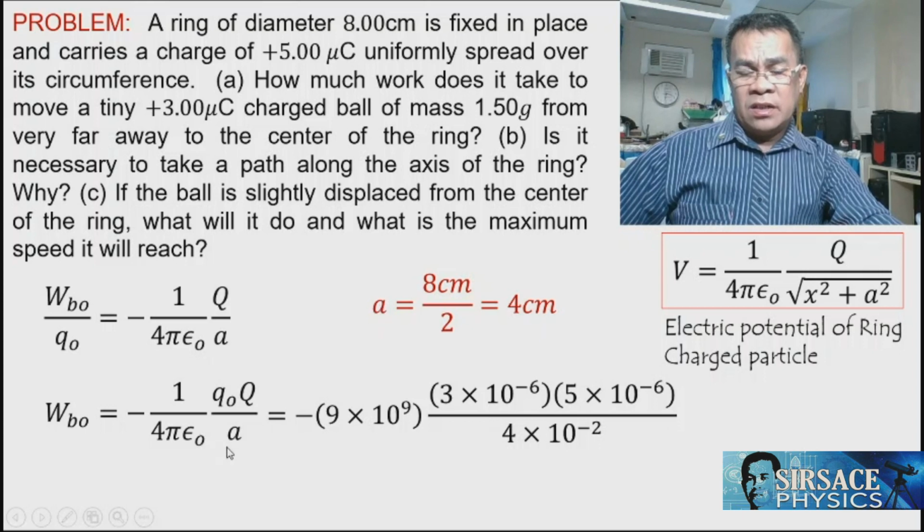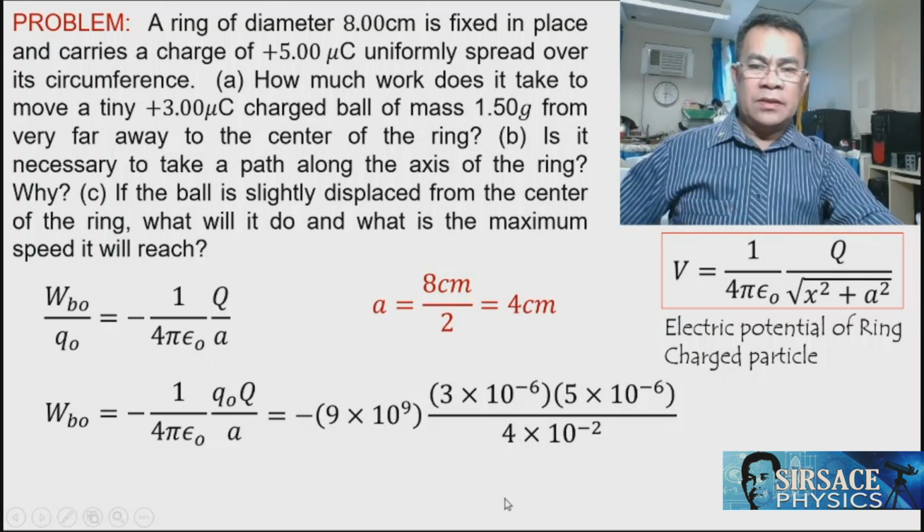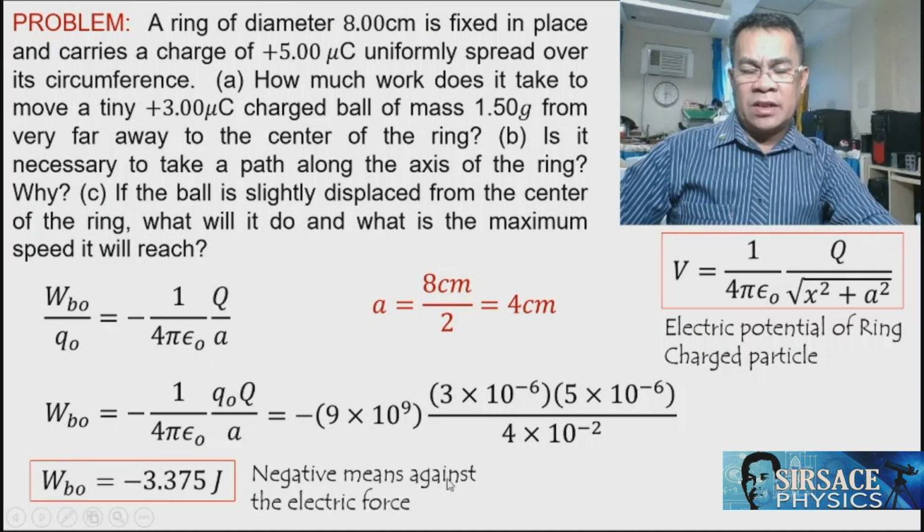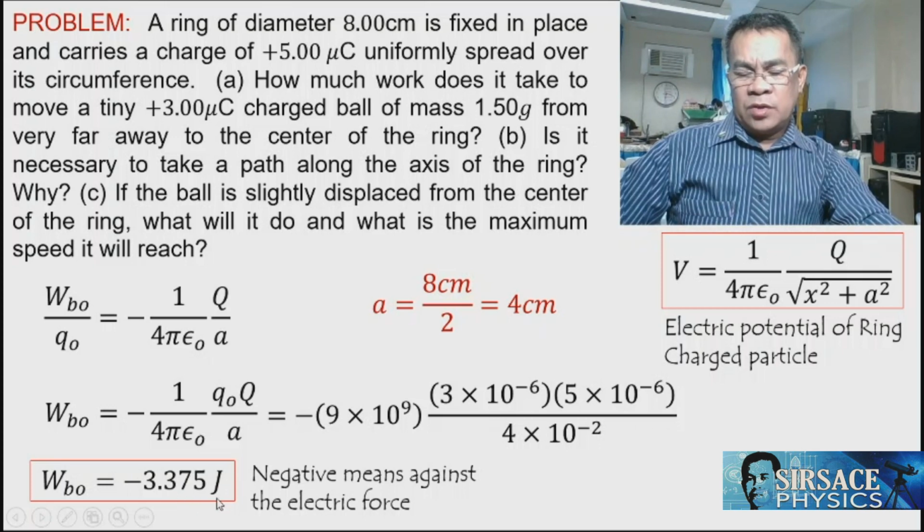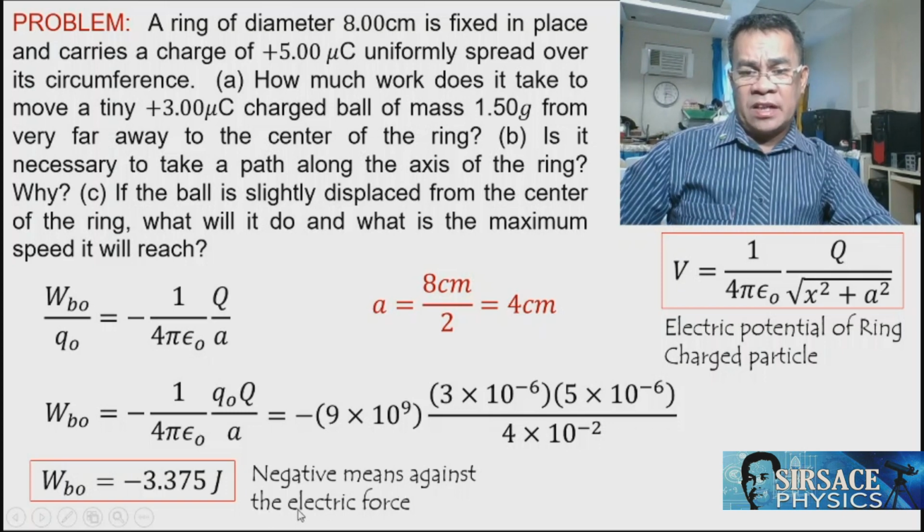Our A is 4 times 10 raised to negative 2 for the meter equivalent. Then simplify using your calculator, and we come up with negative 3.375 joules. Negative means the force is against the electric force.